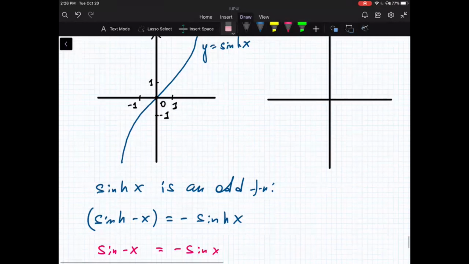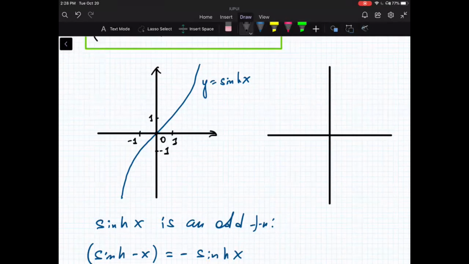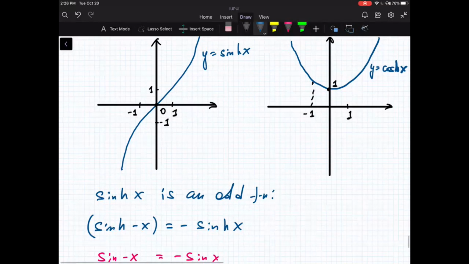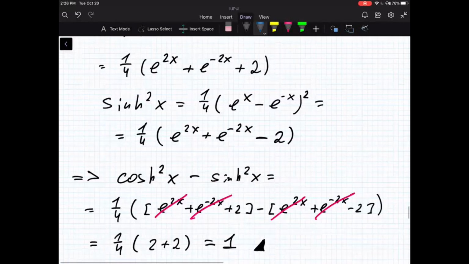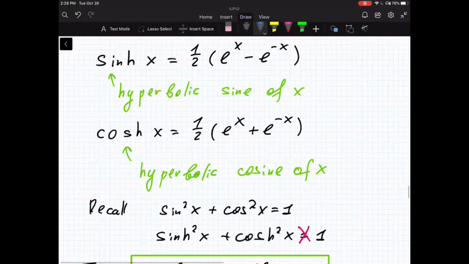While hyperbolic cosine of x, the graph of this function looks like that. Point 0, it is 1. At point 1, it's somewhere not very far from 1, but not exactly. And from the graph or from the definition, you can see that if you change x to minus x, your function will be the same.